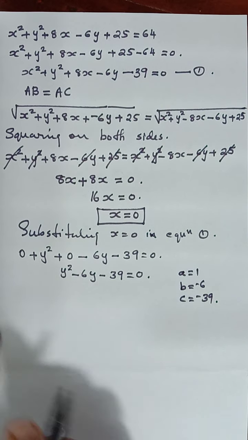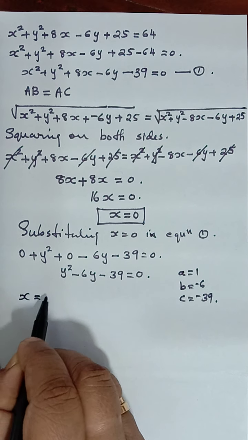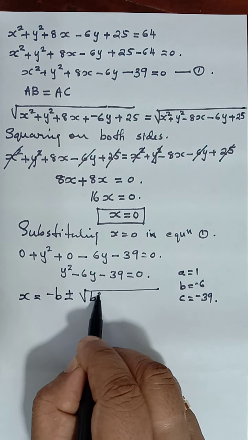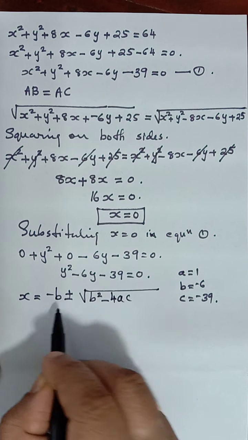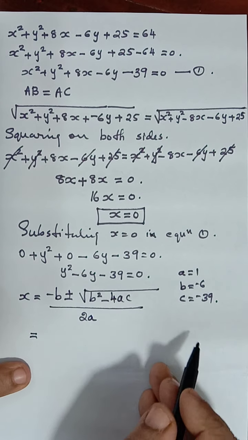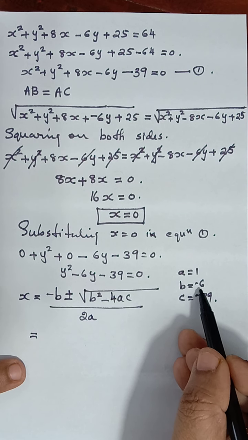What is the quadratic formula? X is equal to minus b plus or minus root of b square minus 4ac, divided by 2a. Now let us substitute each one. B equal to negative 6.